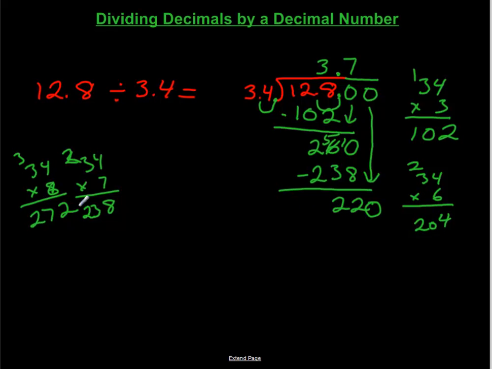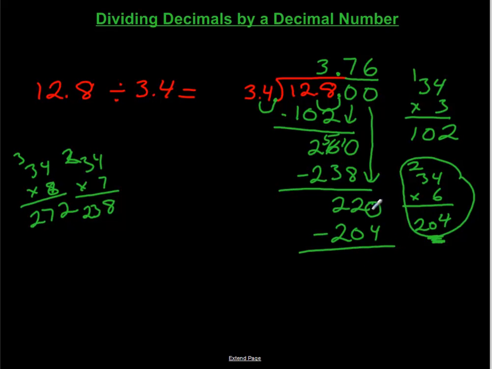Now, I already have some samples here. 34 times 6 is 204, and 34 times 7 is 238. So 6 is the one I'm going to use to get to 220. I know that 34 goes into 220 6 times, and my answer here is 204.